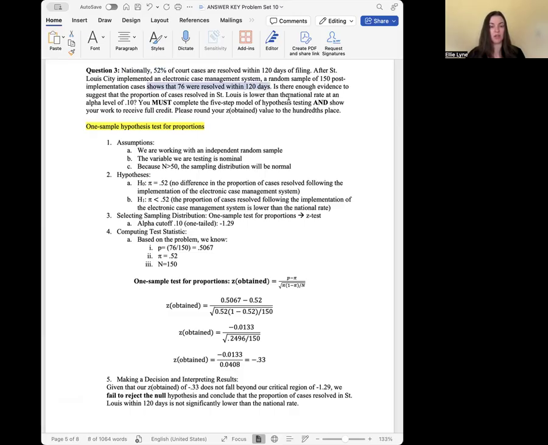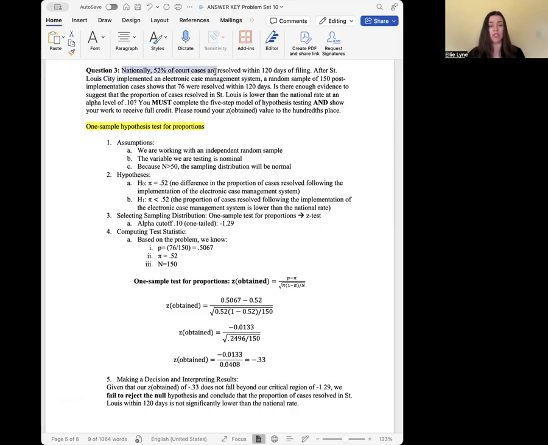Okay. Is there enough evidence? All right. I only see one other group compared to my national percentage here, and that is St. Louis City. It looks like we satisfied that as well. So my one sample is St. Louis City. They implemented an electronic case management system, and they are trying to compare that to the national percentage.